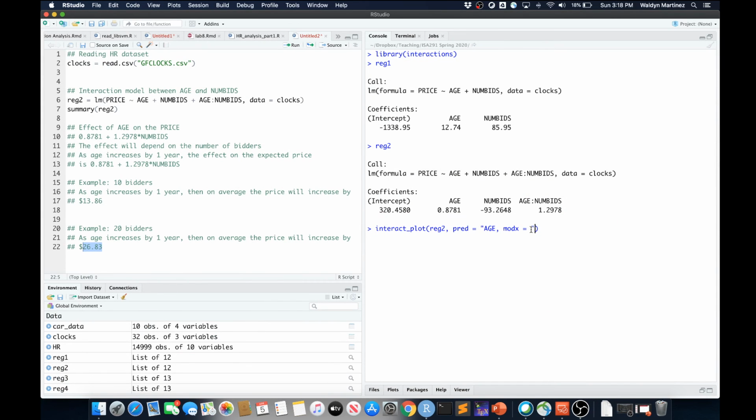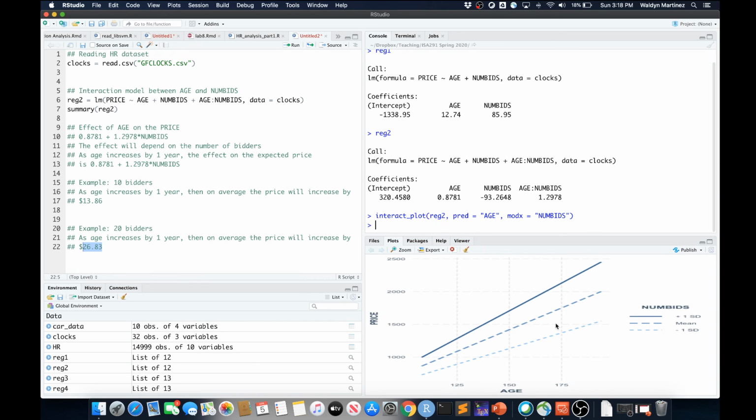You can interchange. You can actually select number of bidders here and age in the other. So let me just fix this. So let's call it number of bids here, and that should be enough to create that interaction plot.